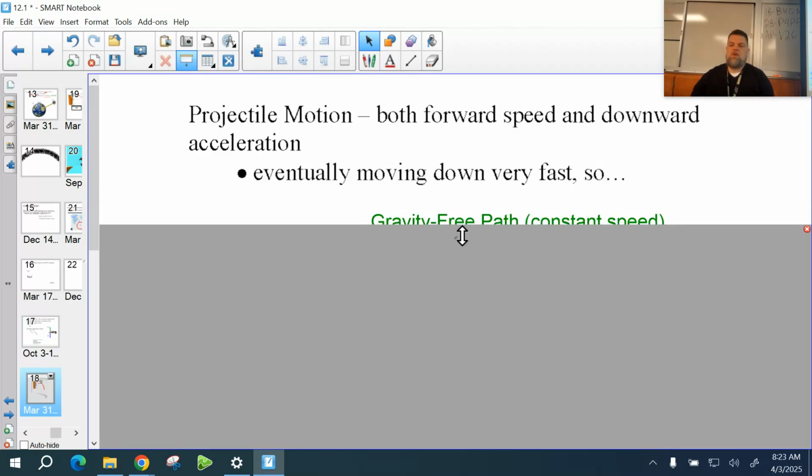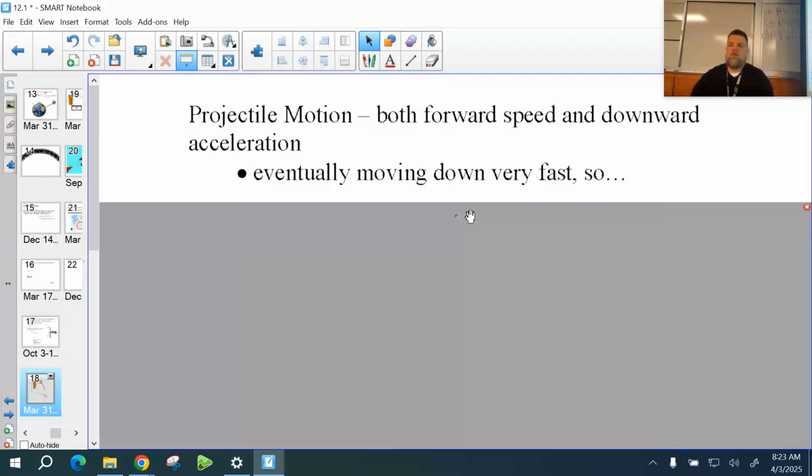So projectile motion: both forward speed and downward acceleration. Our T-shirt launcher is actually a projectile launcher, where the projectile is the T-shirt. So we're going to have a forward speed and a downward acceleration, eventually moving down very fast.